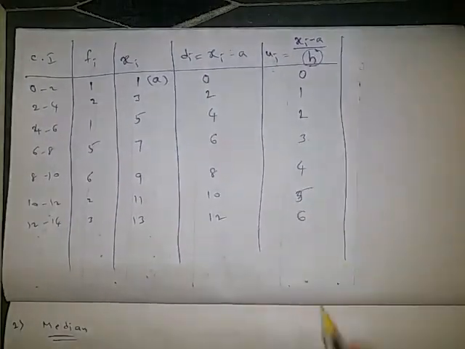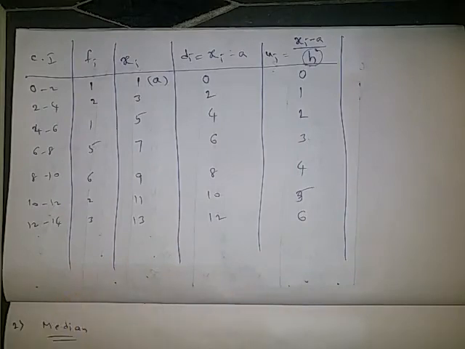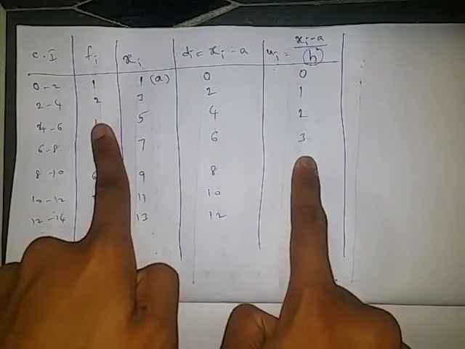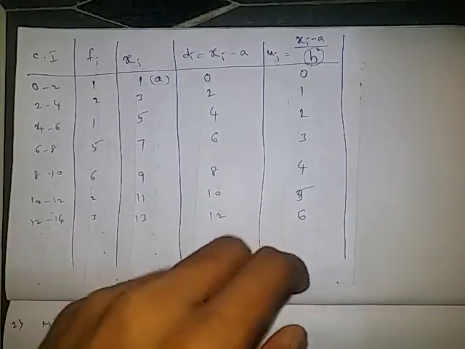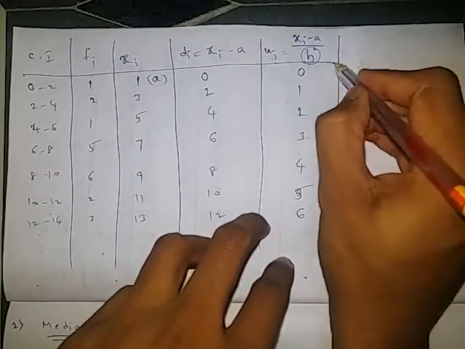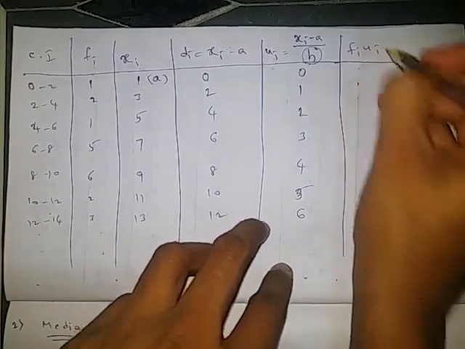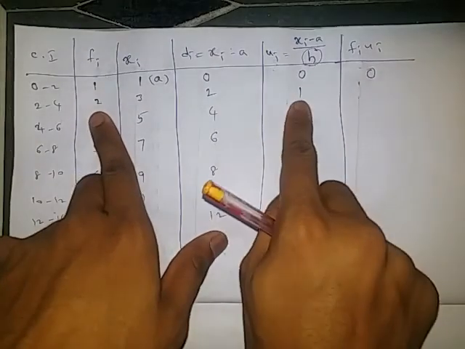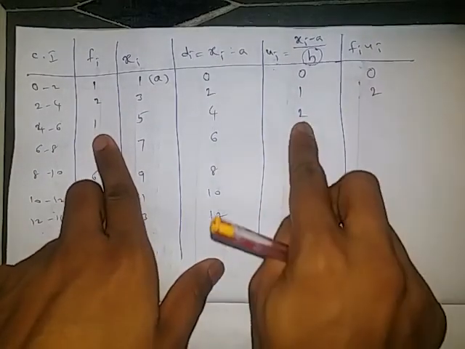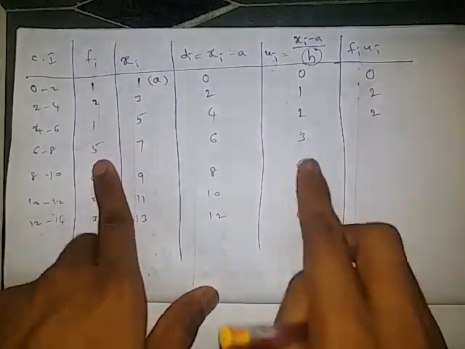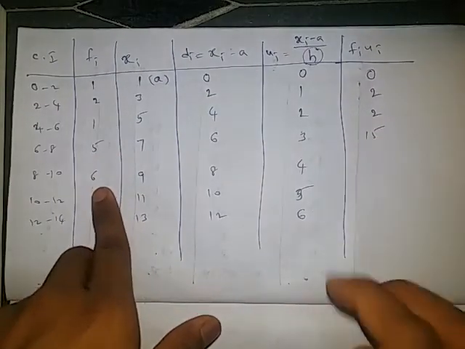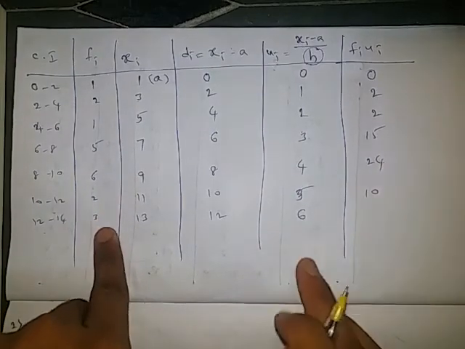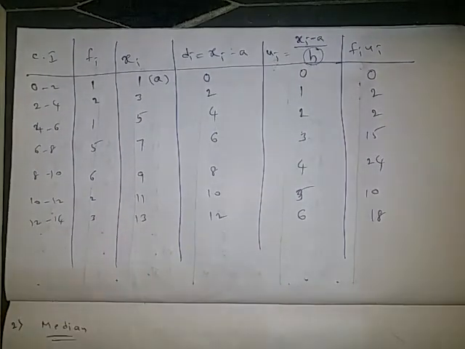Now the last column is nothing but the product of the second column and the last column, that is fiui. 1 zero is 0, 2 ones are 2, 1 two is 2, 5 threes are 15, 6 fours are 24, 2 fives are 10, 3 sixes are 18.